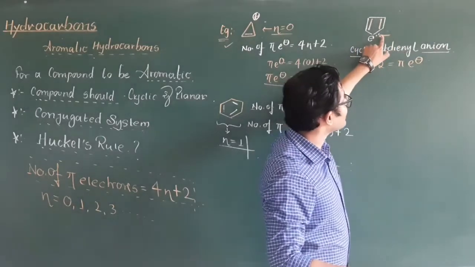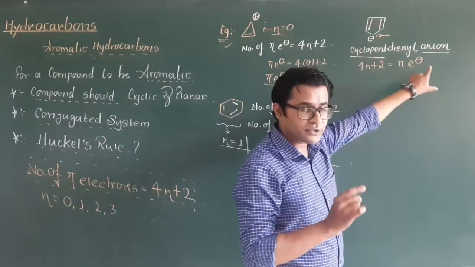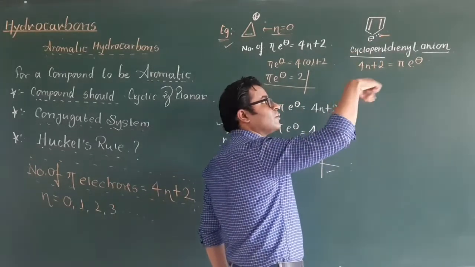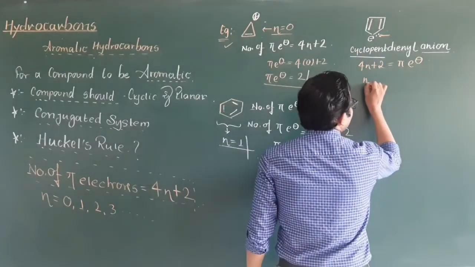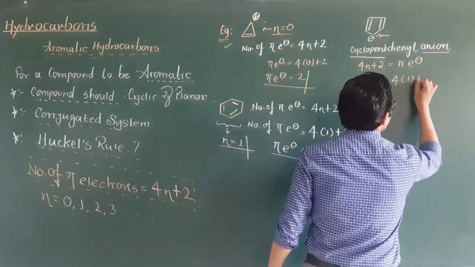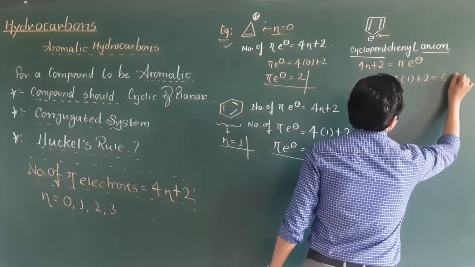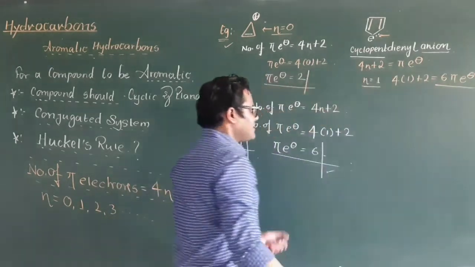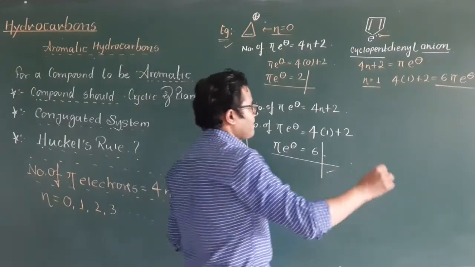Even these 2 electrons I am taking from the charge. So the total number of pi electrons I can conclude is 6. Therefore, n is equal to 1 even in this case. So 4 into 1 plus 2, that is 6 pi electrons. Quite simple, right?